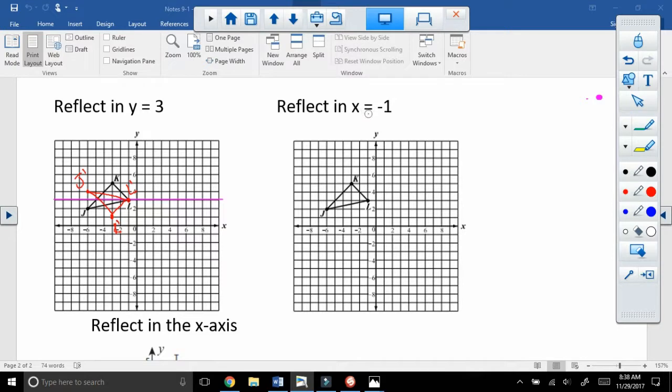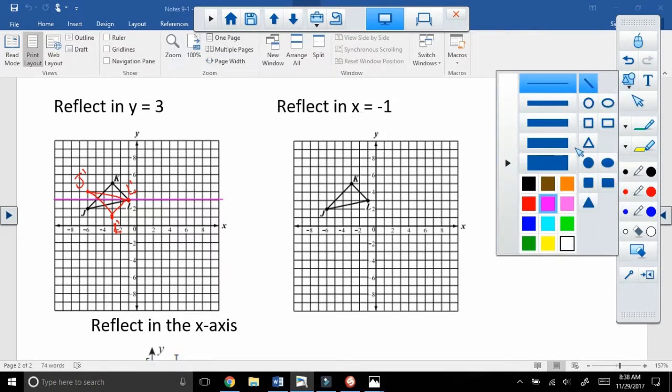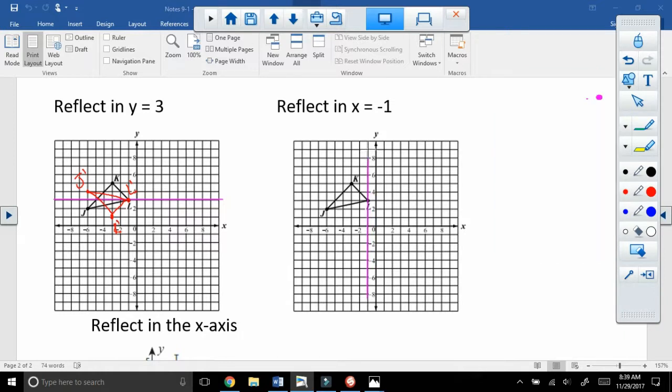Okay, for this next one, reflecting in the line x equals -1, I'm going to draw that line in. So x equals -1 is going to be this line here, going through x equals -1, and it's a vertical line. Now instead of counting up and down, I have to count left to right to go to the other side of that line.